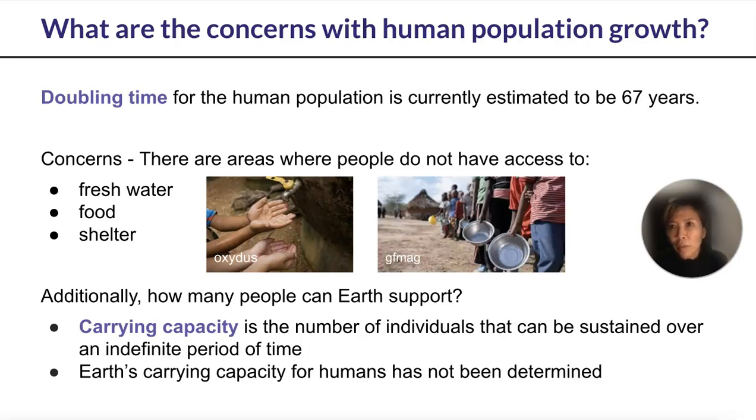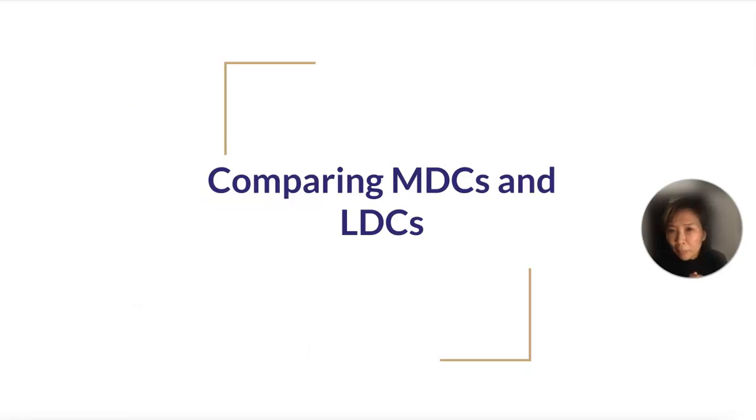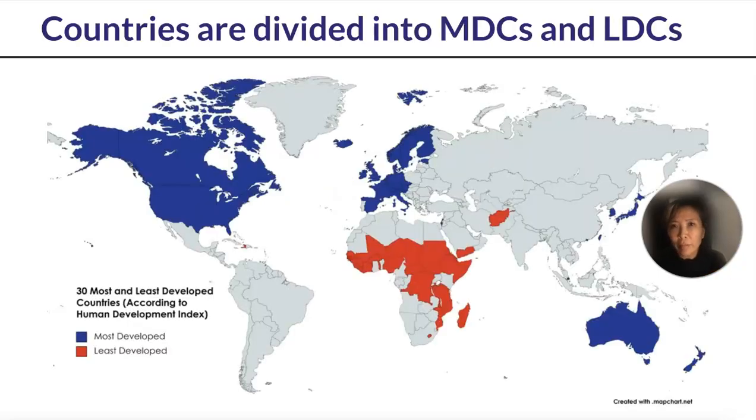So moving on, we're going to compare more developed countries to lower developed countries, and you'll find that between these two categories, there are some striking differences with regards to how much resource they use and how that impacts their population and their growth rates.